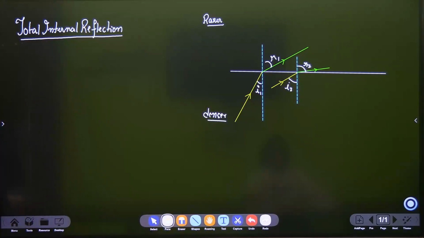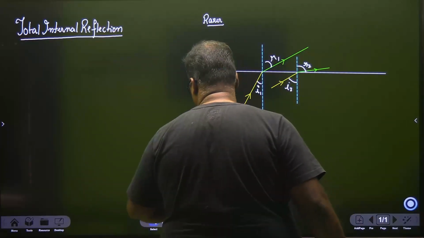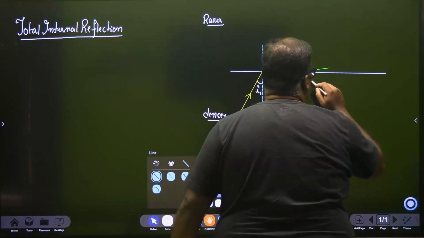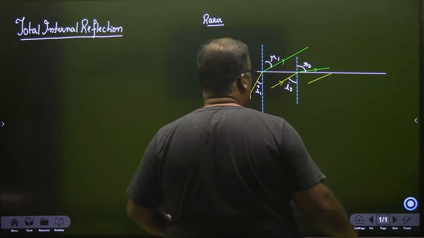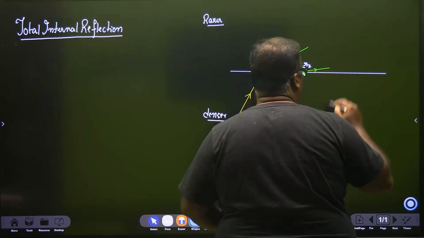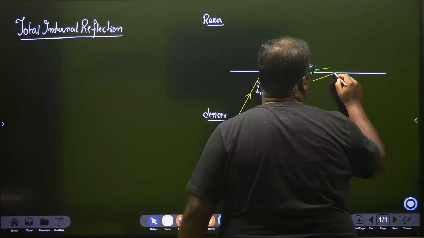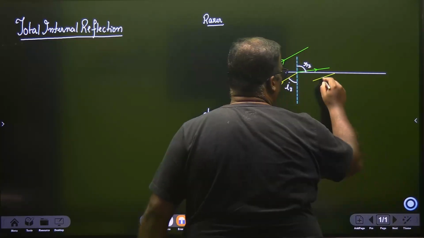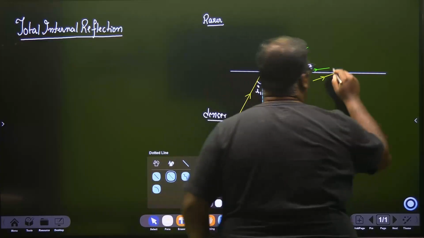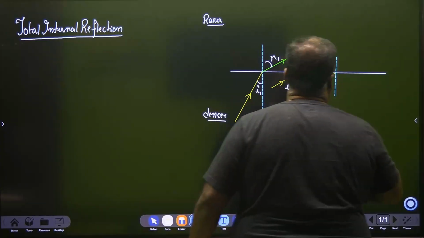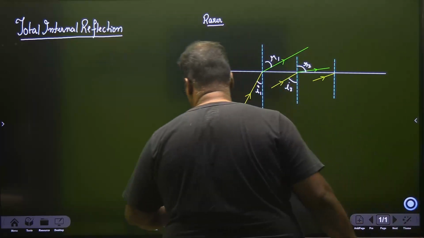Are we fine? Okay. Now we further keep on increasing the angle of incidence, and I find that this is almost parallel. So let me increase it further. So let's say like this, and I draw my normal. Now this is the beauty.